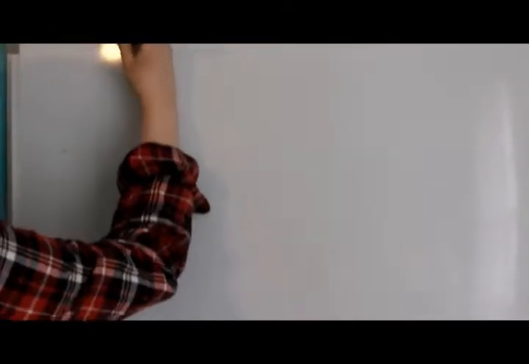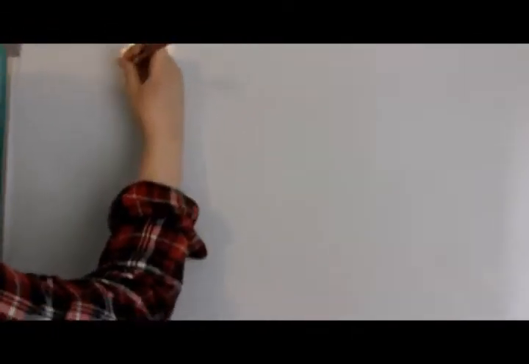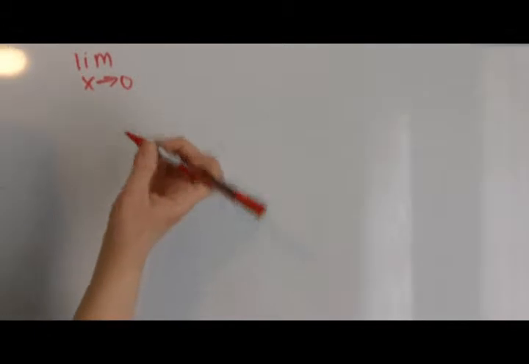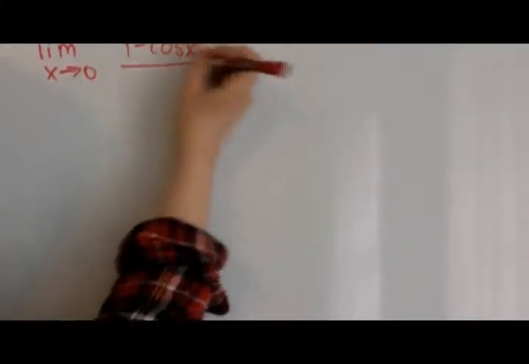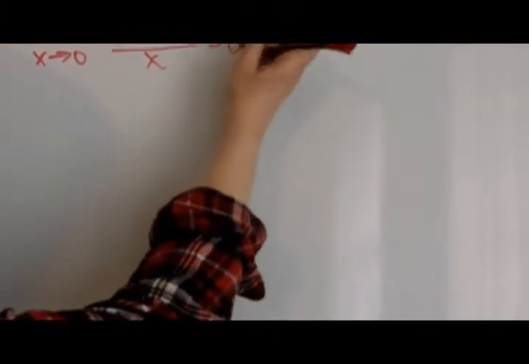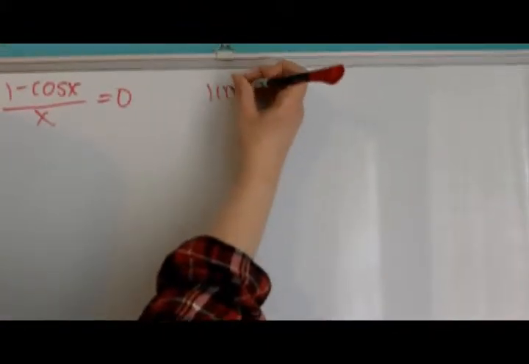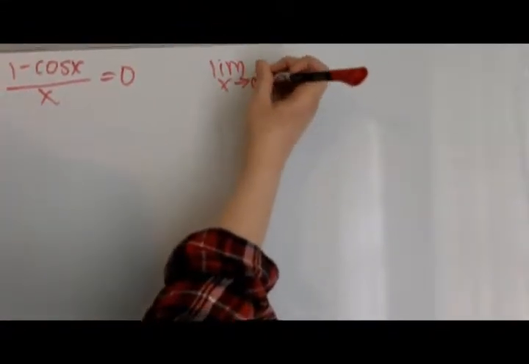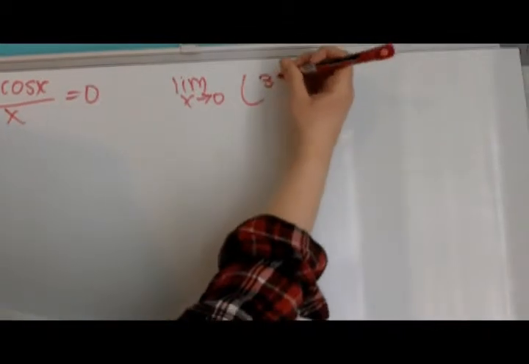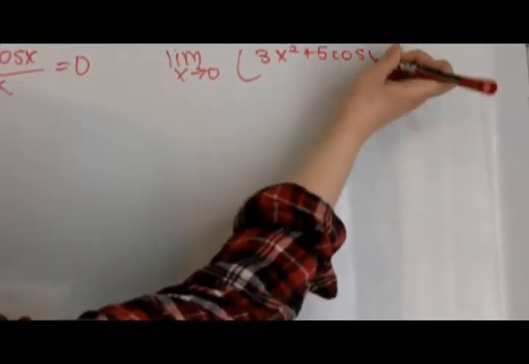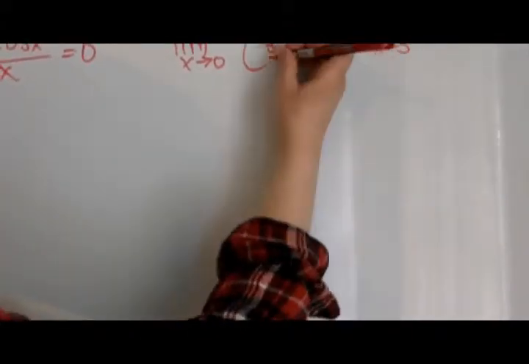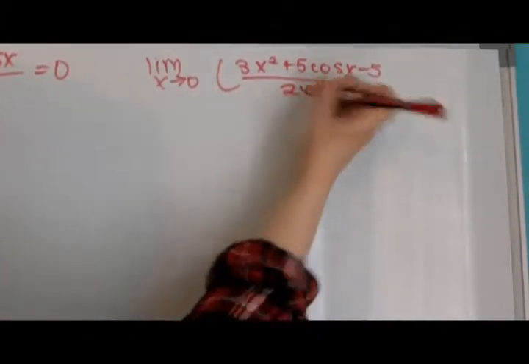This will be our last problem. The question is, if the limit as x approaches 0 of 1 minus cosine of x all over x is equal to 0, then what is the limit as x approaches 0 of 3x squared plus 5 cosine of x minus 5 all over 2x?